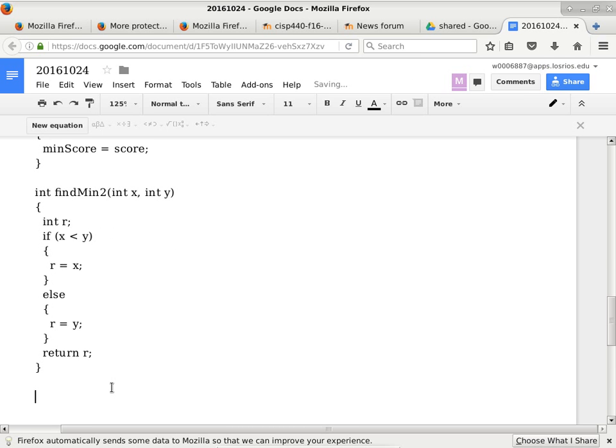So now, with this particular definition of find min 2, in the first case I can say z equals find min 2 of x, y. In the second case, I can say min score is find min 2 of 0 and score. Is that making any sense?